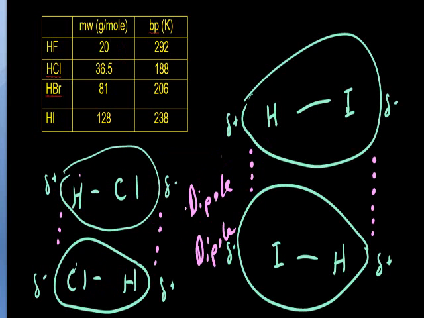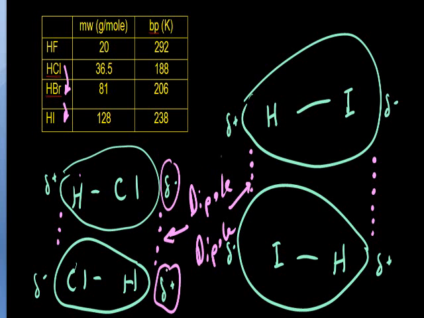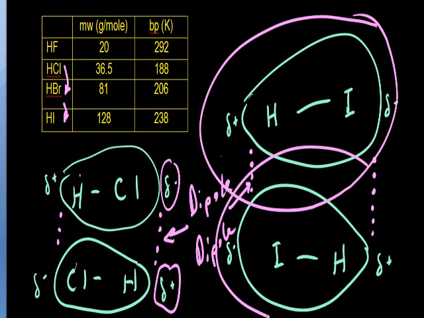Now all of these, HCl, HBr, and HI, are polar molecules, so they're going to create dipole-dipole attractive forces, where the negative portion of the molecule will be attracted to the positive portion of a neighboring molecule. However, we also see that HI has a much larger electron cloud than what we see in HCl.